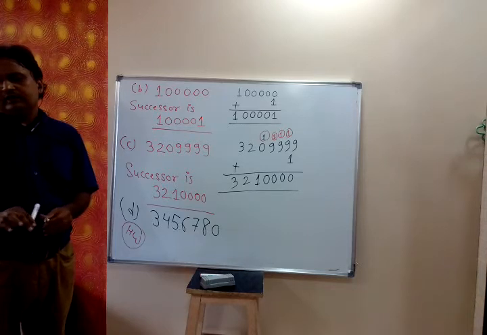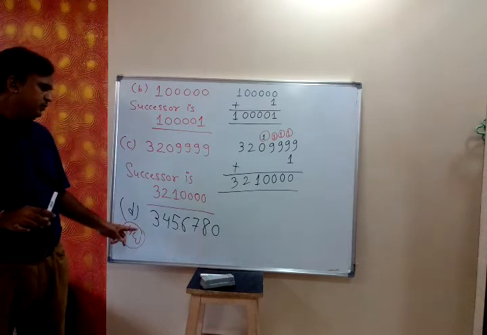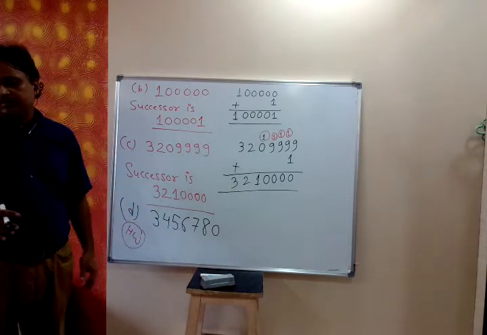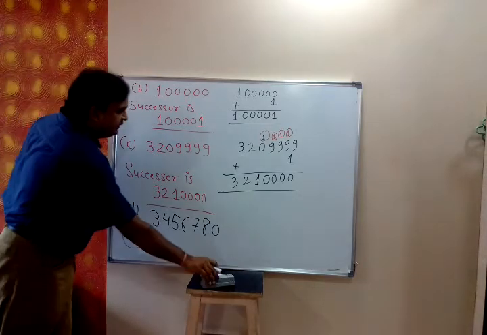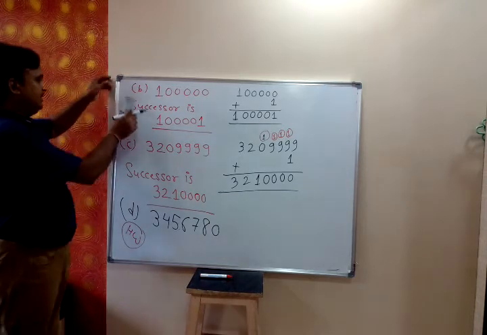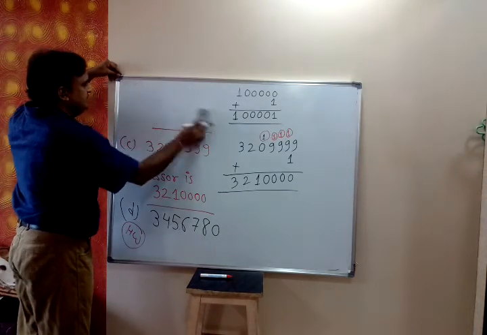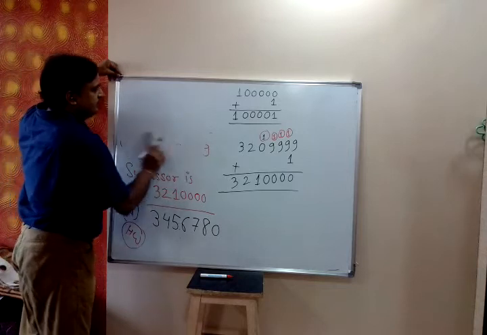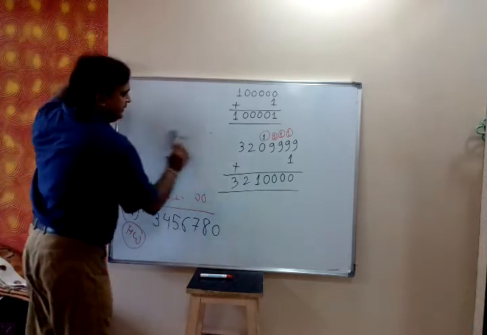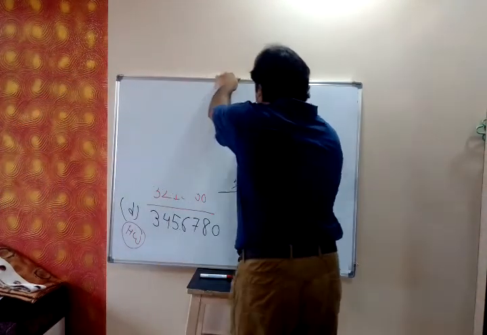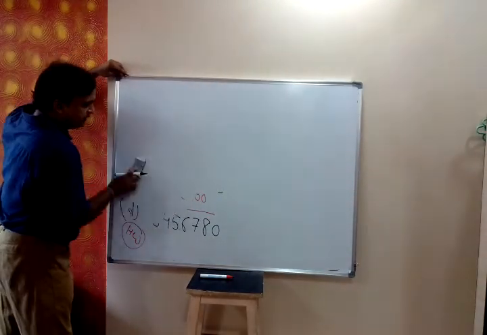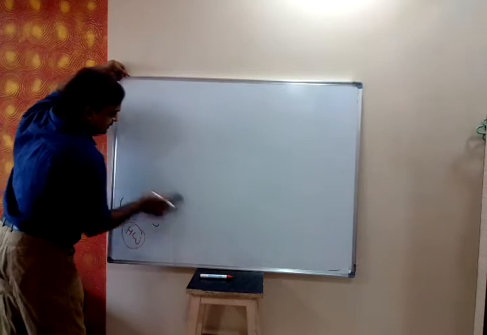Now part D is homework: 3 4 5 6 7 8 0. This is homework. This part, successor, is completed. Now let us solve the second. Find the predecessor of the following number. Predecessor means just before.